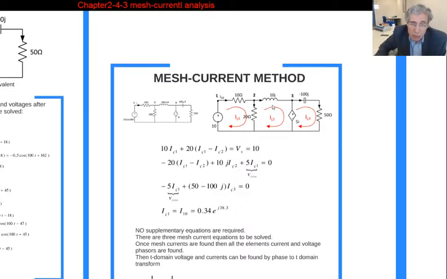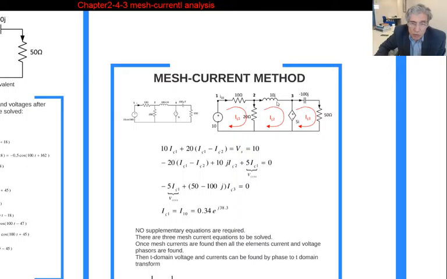Similarly for the second mesh, since the direction of the 20 ohm resistor current and this second mesh current direction are opposite, we write minus of this, plus this inductor voltage in terms of mesh currents.